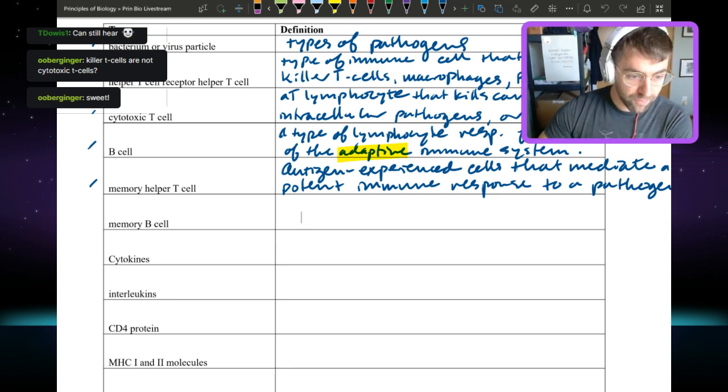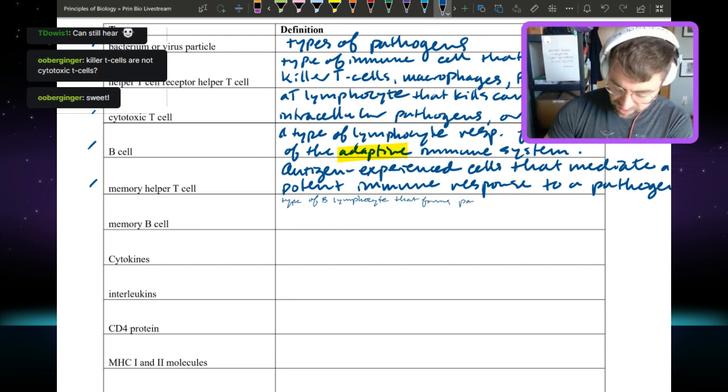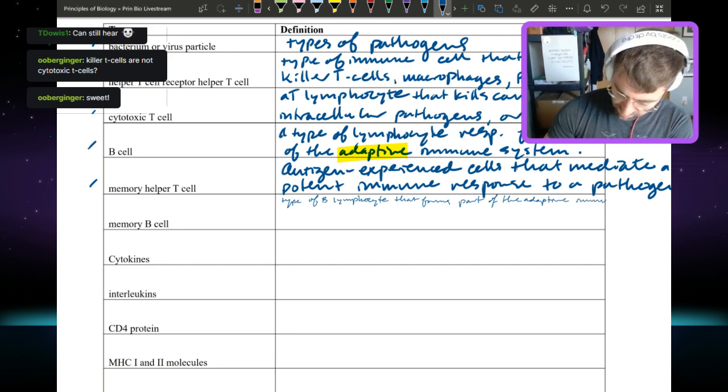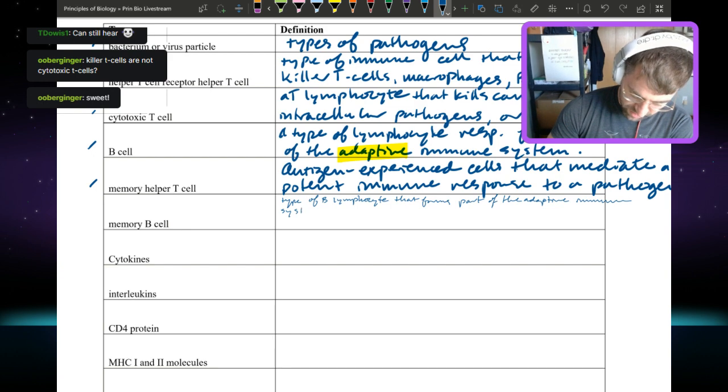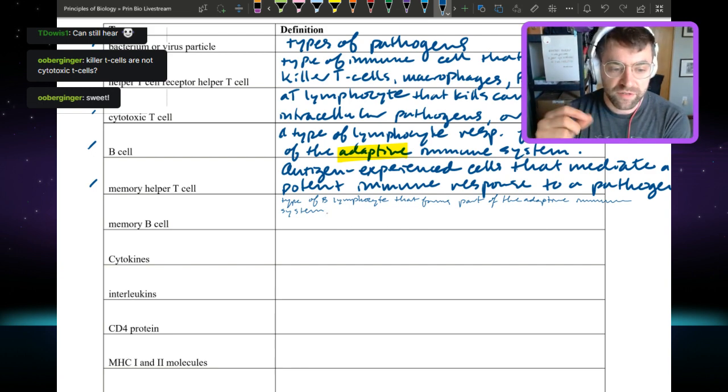Next up, memory B cells. This is a type of B lymphocyte that forms part of the adaptive immune system. These cells develop within germinal centers of the secondary lymphoid organs.